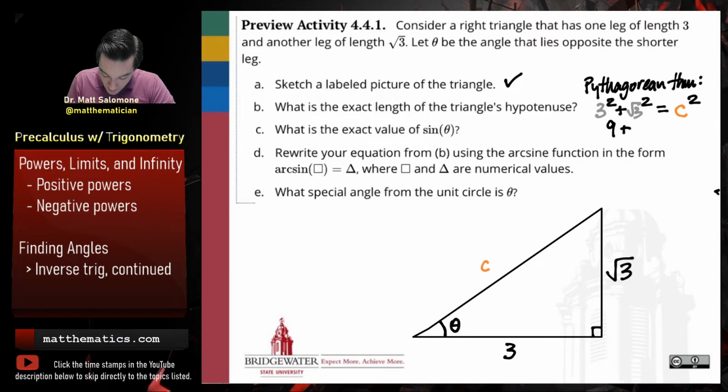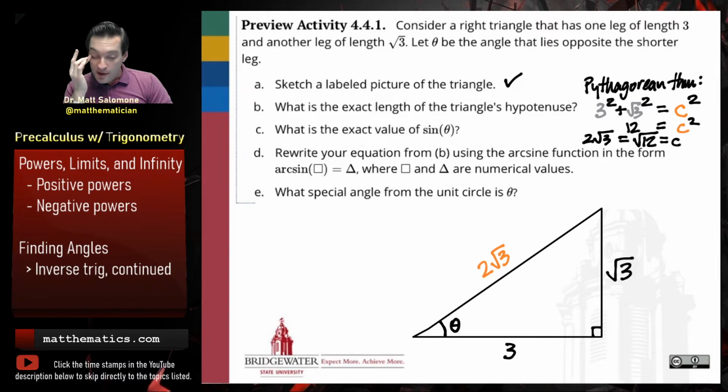Square root of 3 squared is 3. So 9 plus 3 is 12. So 12 equals C squared, and then C is plus or minus the square root of 12. But since we're doing geometry with a positive metric, we'll take the positive value. C is equal to the square root of 12. If you like, that's the same as 2 times the square root of 3. So we'll label that hypotenuse 2 times the square root of 3.